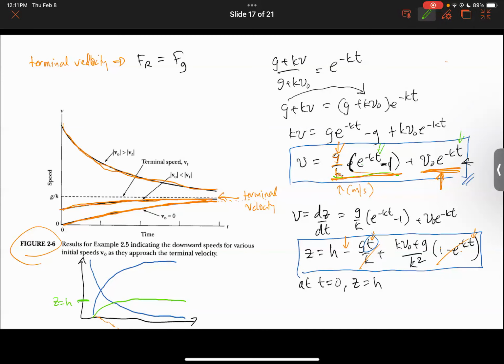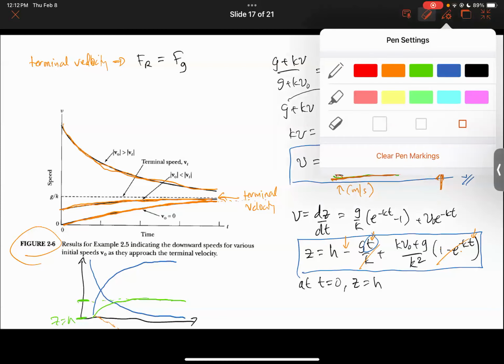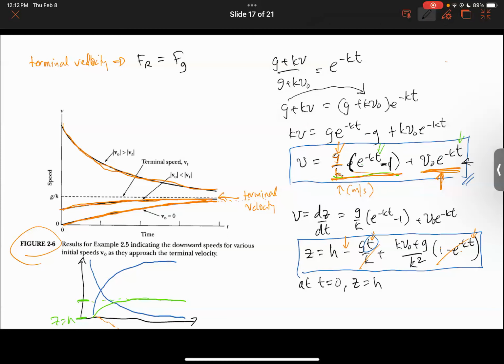Hindi, this is z equals h. Kasi ang initial position nga niya is z equals h. And ito, mag-i-increase lang yan continuously.